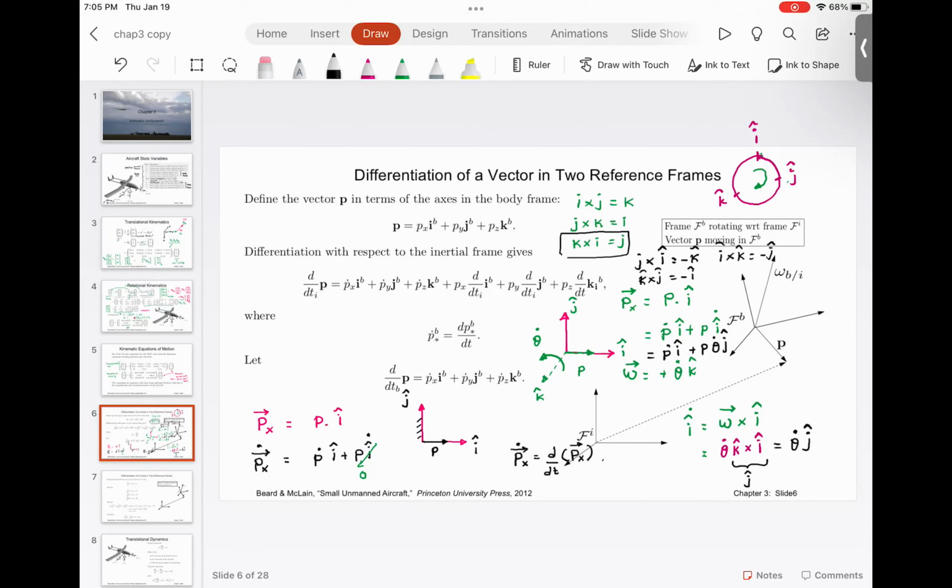So if I were to write down px dot, the expression is px dot I plus p is the radius, px theta dot j, and j means this guy is in the same direction as j. So can you see that I have a vertical component of velocity and I also have a horizontal component of velocity? Everyone understood this? That is nothing but differentiation of vector in two reference frames.